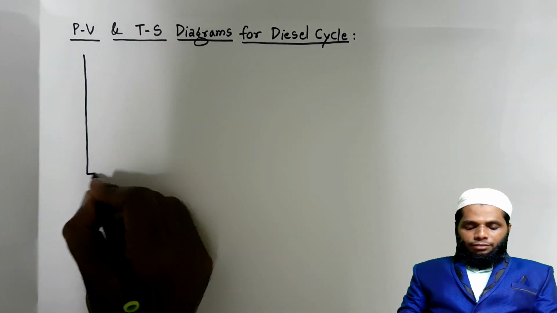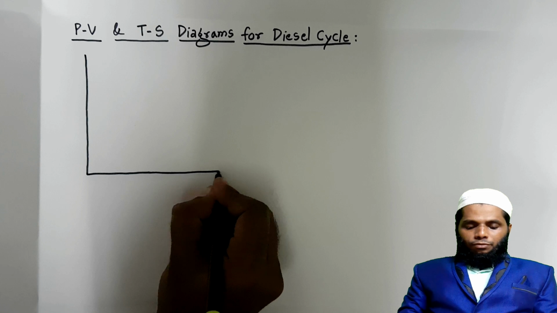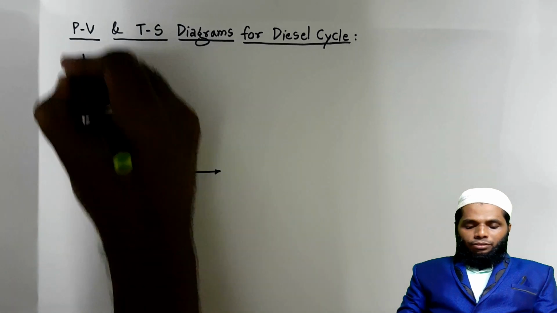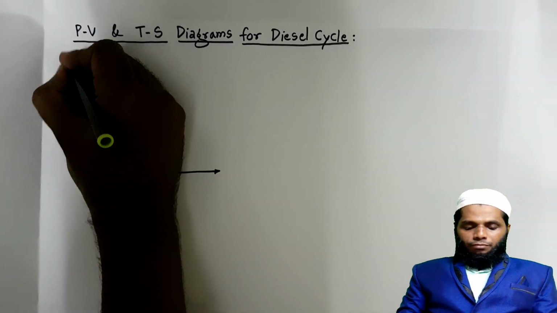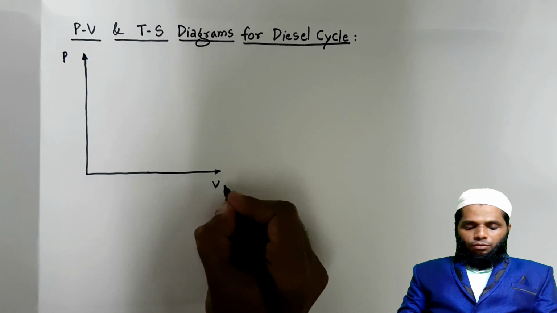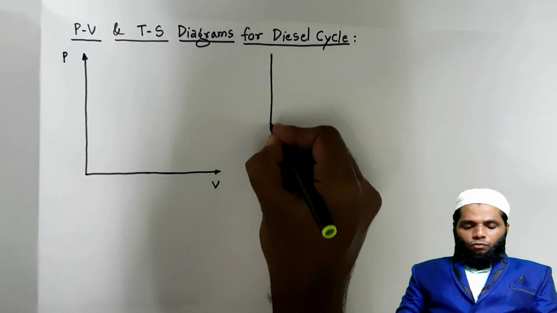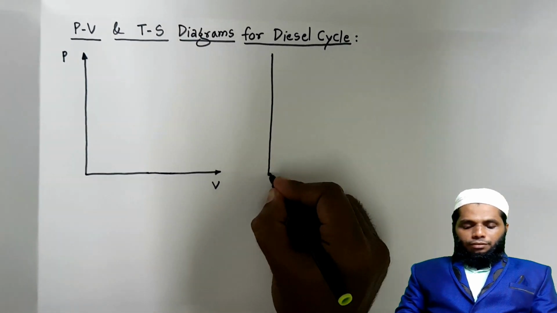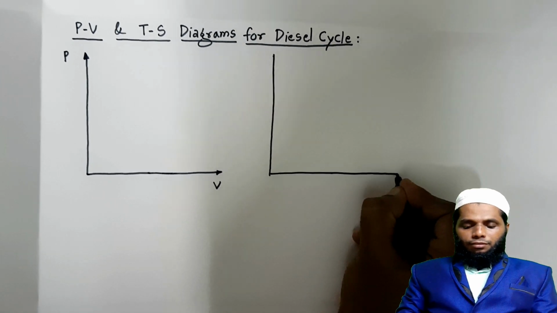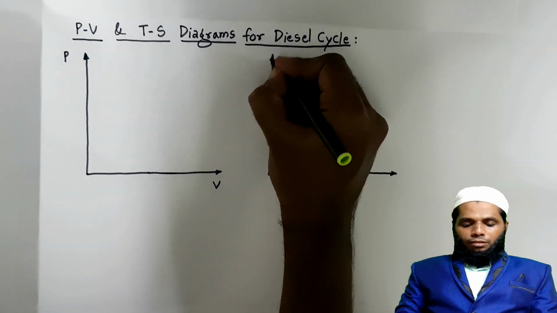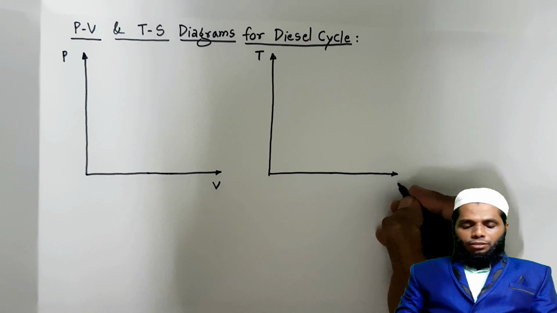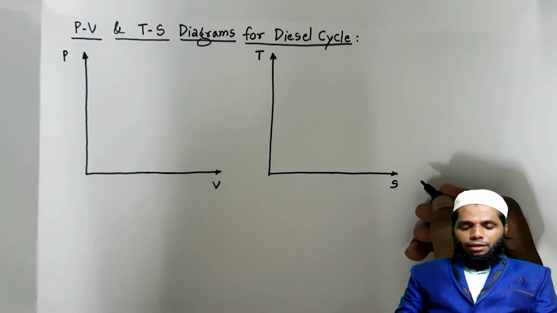On y-axis we'll take the parameter pressure, that is P. On x-axis volume. Next, TS diagram, that is temperature versus entropy diagram.